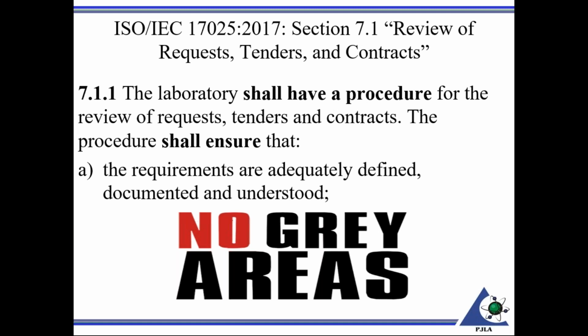So we have two shalls there. As we know from the prefix of the standard, a shall constitutes a requirement. So, shall have a procedure. You should have somewhere in your 17025 quality management system a procedure documenting how this is achieved within your organization, something that tells you how it's done.